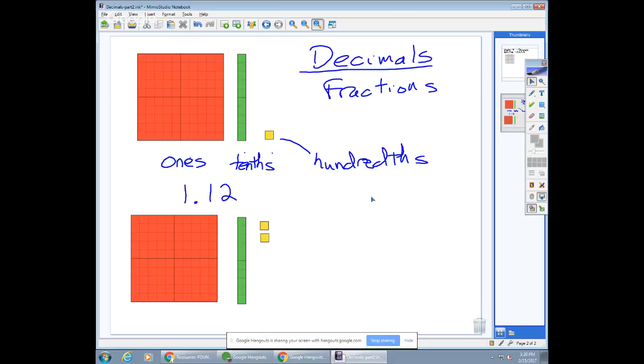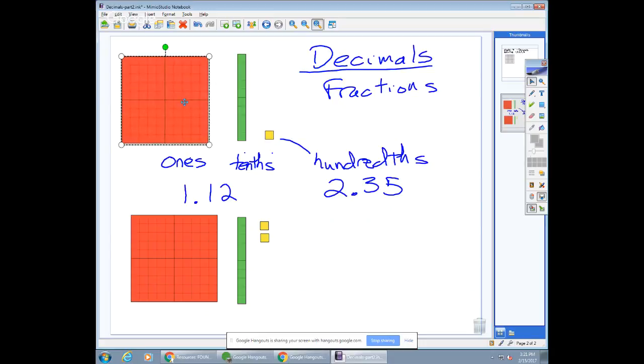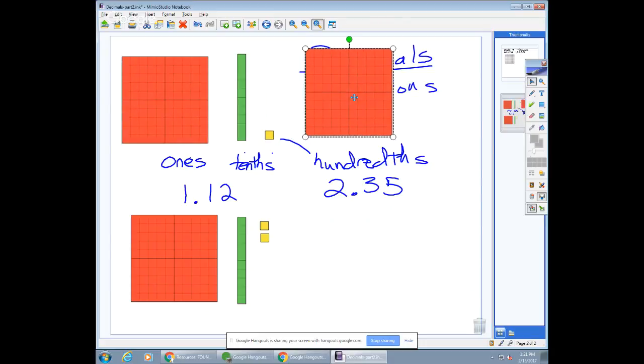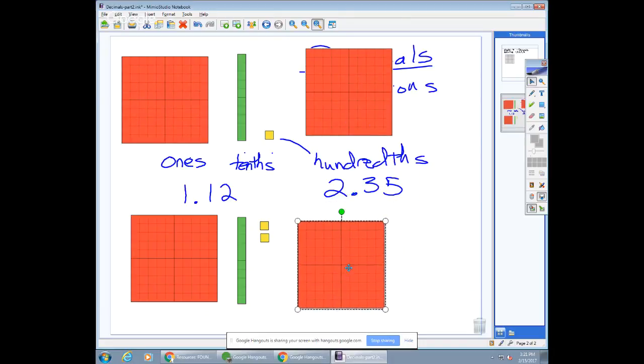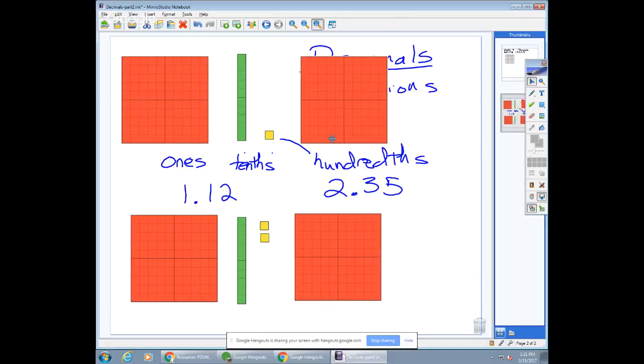And then we could also demonstrate another number, like let's demonstrate, how about 2 and 35 hundredths? Okay, you may or may not have enough to demonstrate that. I'm going to run out of room quickly on my screen here. All right, so I'm going to have to stack them a little bit to make that happen. There's my 2.